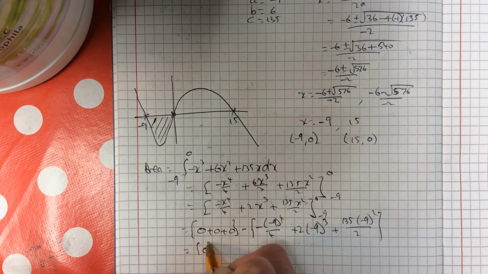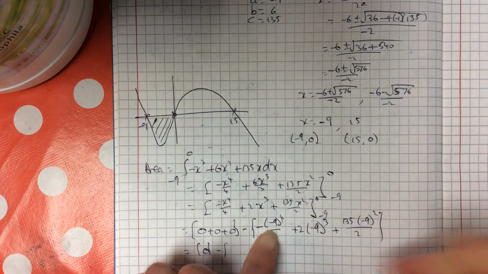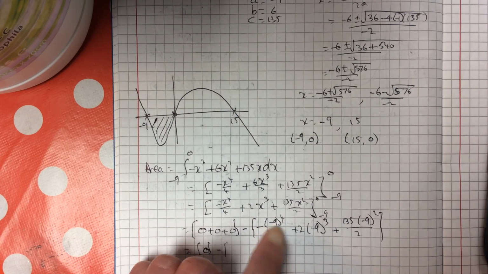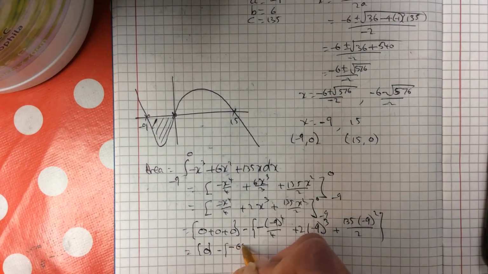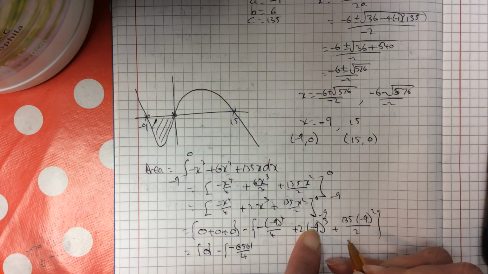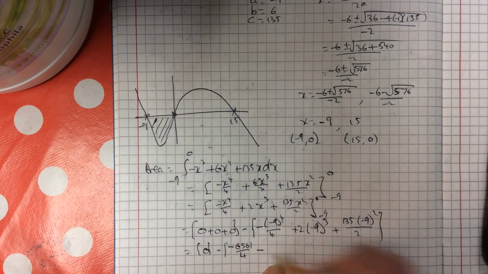So the first bracket is 0. Minus 9 to the power of 4, that's going to be a positive. Anything to an even power is positive. So 9 to the power of 4 is 6561. So it's minus 6561 over 4. A minus cubed is a minus, a plus and a minus is a minus.